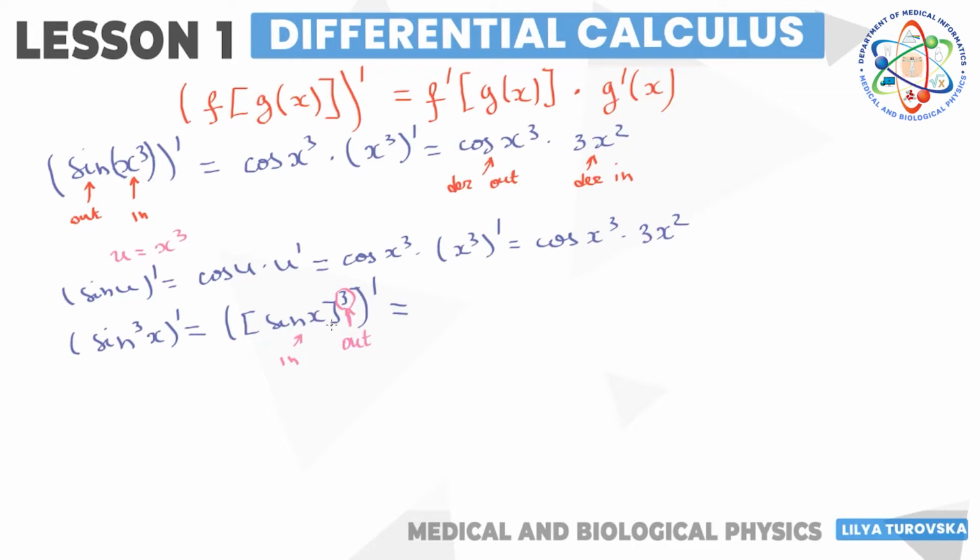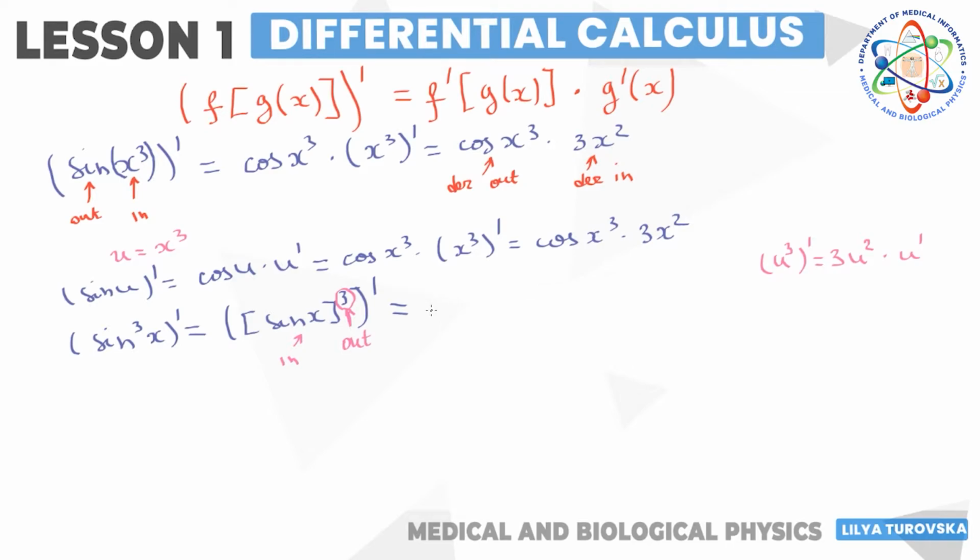So sine x is inside, the power is the outside function. And remember, if we want to find the derivative of the power function, we use the power rule, and we get 3u squared, but if u is a function of another argument, we should find the derivative of it.